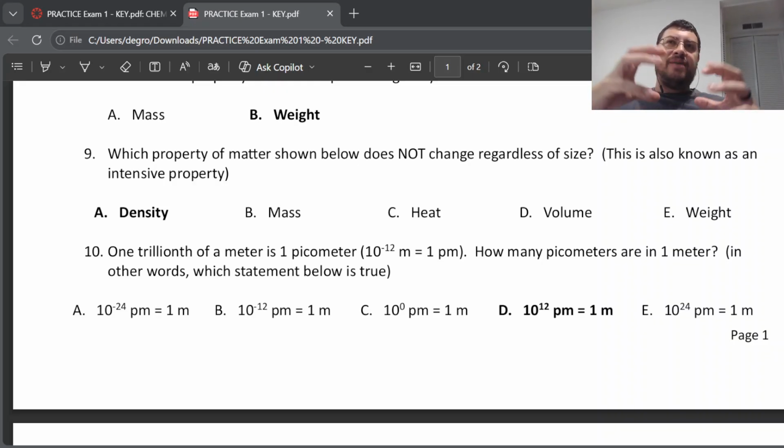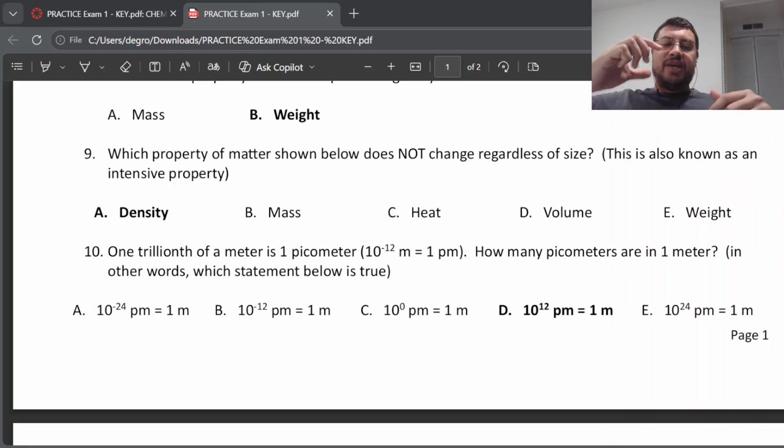Whereas heat, we're not talking about stuff. We're just talking about how much we're making things vibrate at the internal level. So the hotter something is, the more vibrations you have at the atomic level. So it's not an appropriate thing to talk about when we're talking about size.